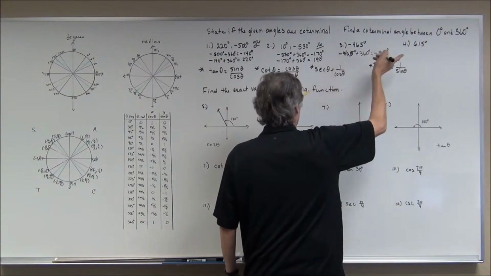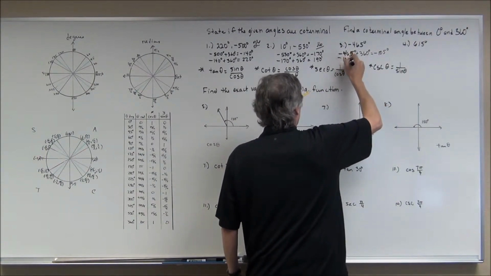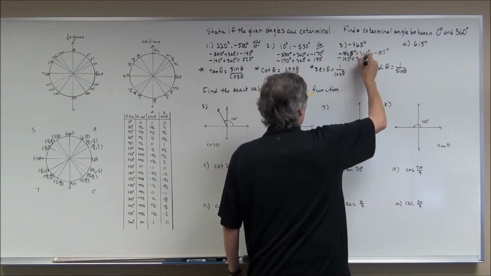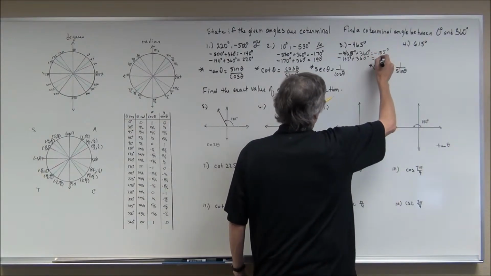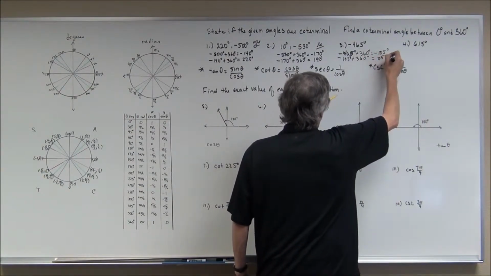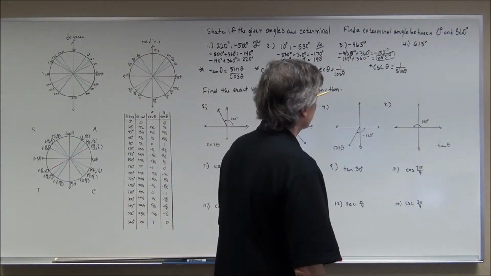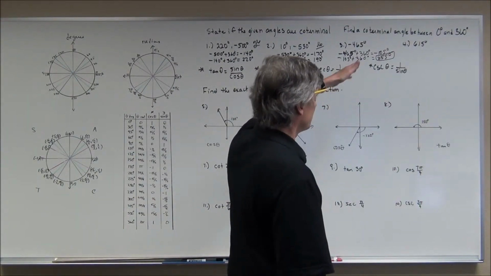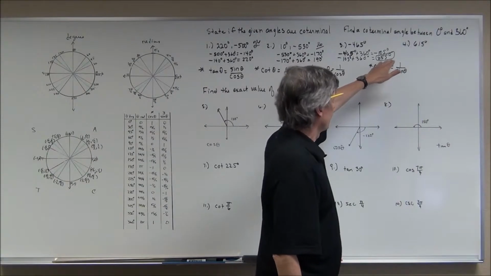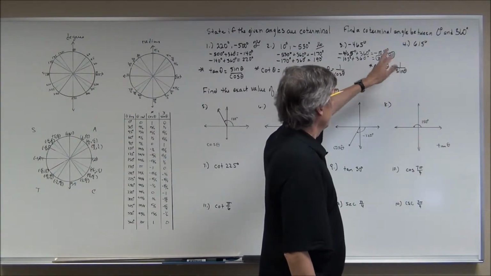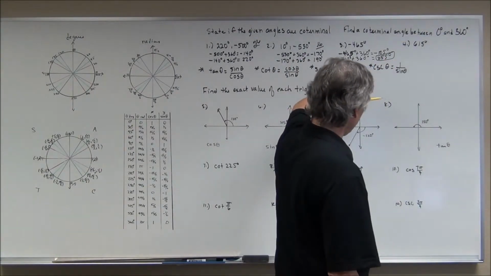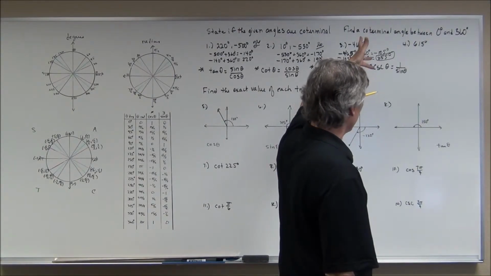It's still too small, so I add another 360 onto it, and I get 255, and that is my coterminal angle. Now they could ask you for the reference angle, but you would have to say, oh well, this is in the third quadrant, 180 plus, and you could figure it out. It would be 75 degrees.